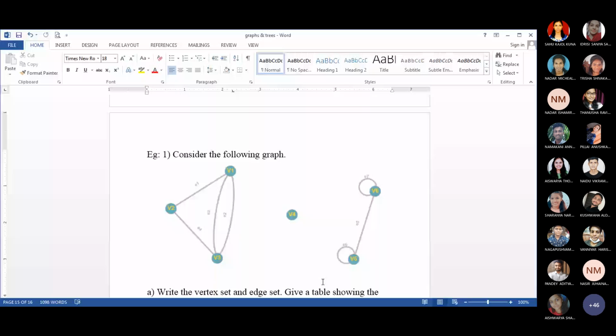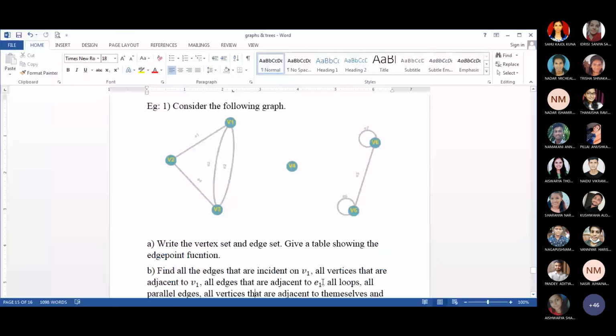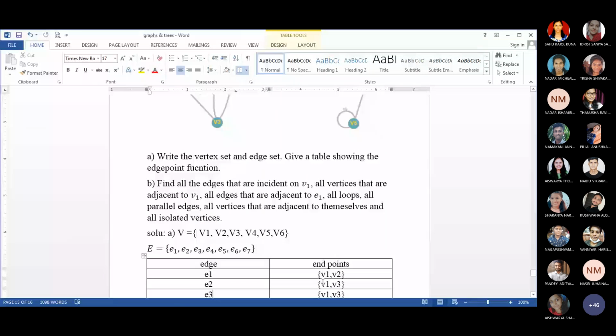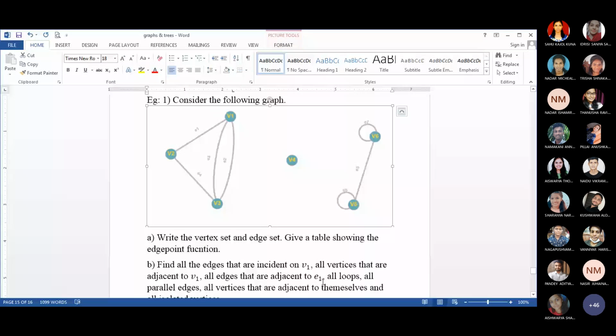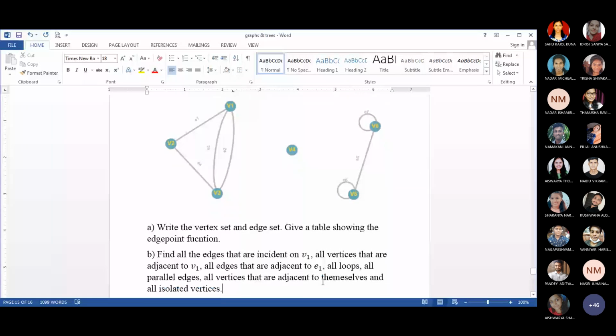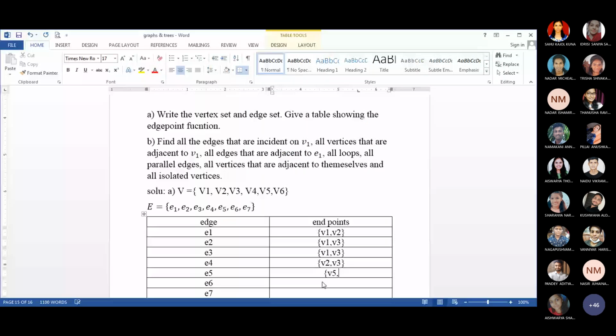Now E4 का end points क्या है? V2 and V3. Okay, E5. V5 and V6. Very good. What about E6?